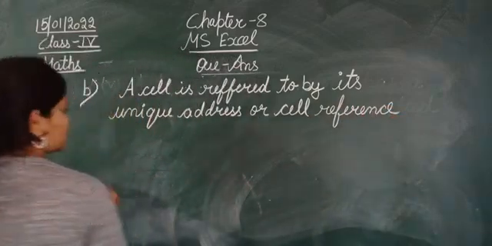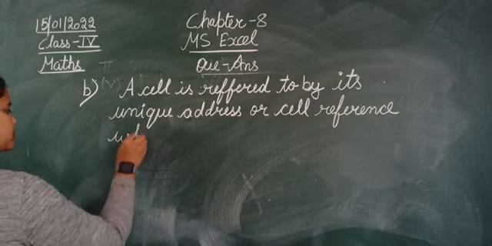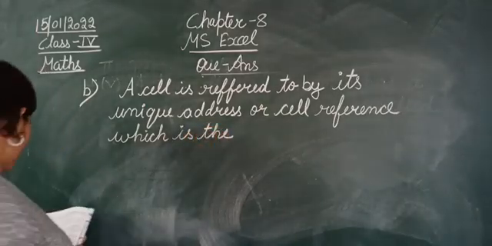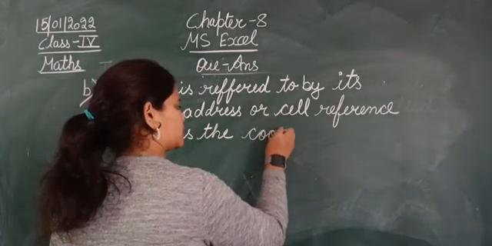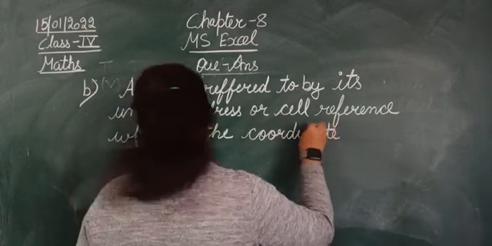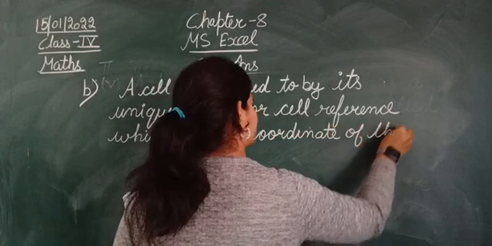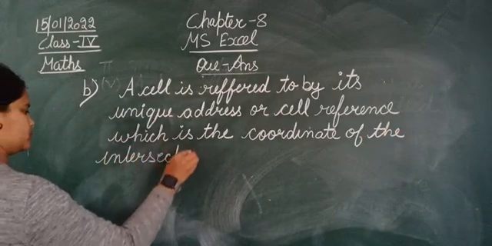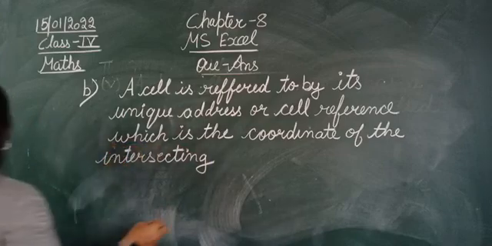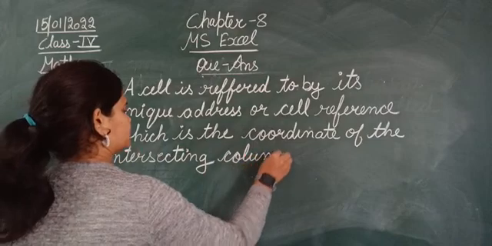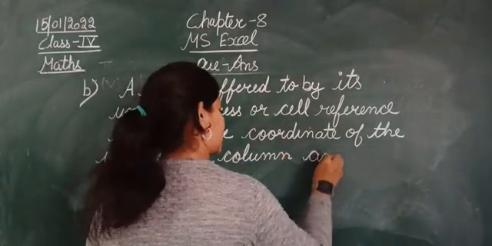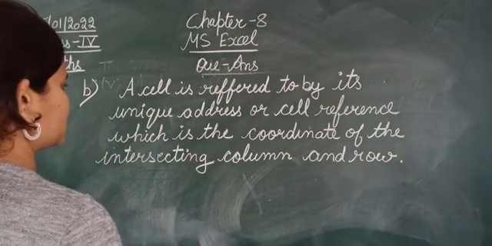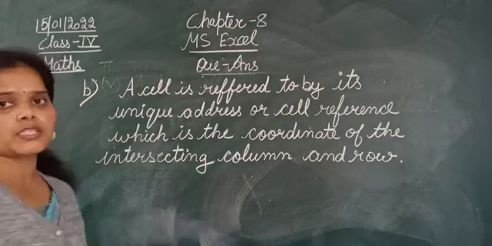A cell is referred to by its unique address or cell reference, which is the coordinate of the intersecting column and row. So this is the answer to question B.